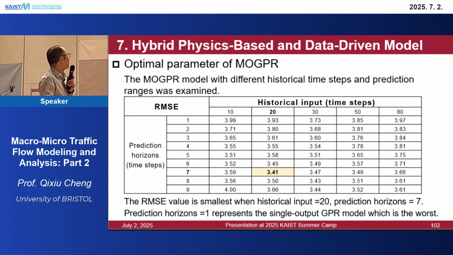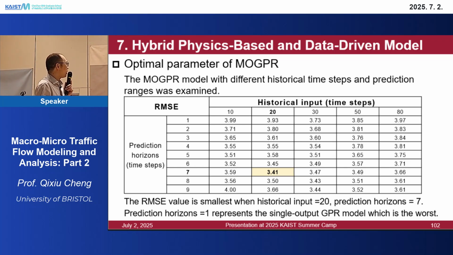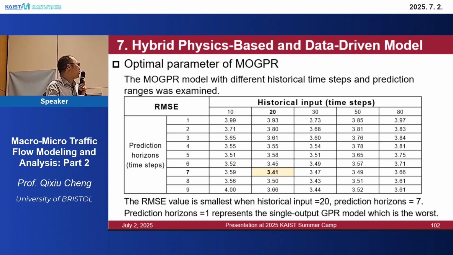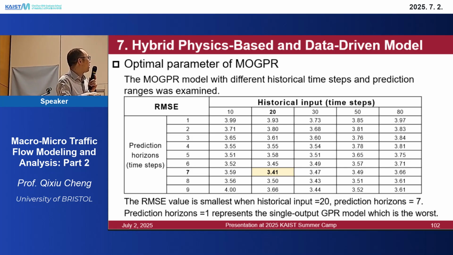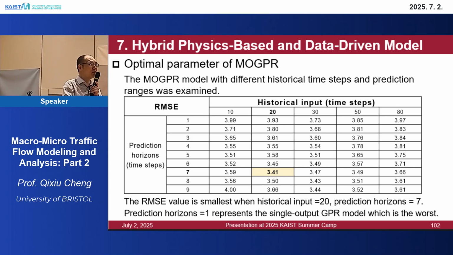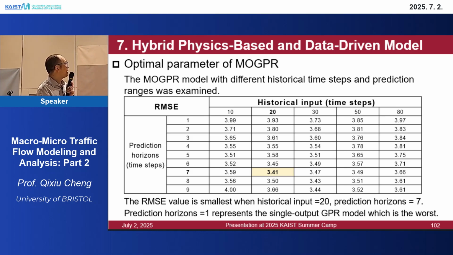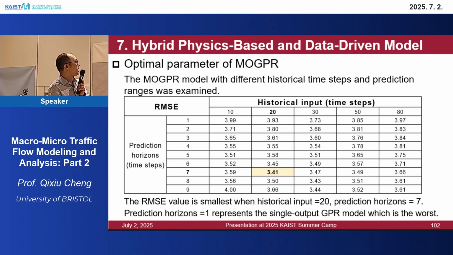In this experiment, we determined the prediction horizons: how many steps we should predict and how many historical inputs are best. We find that when the historical input is 20 and the prediction horizon is 7, it obtains the smallest RMSE.